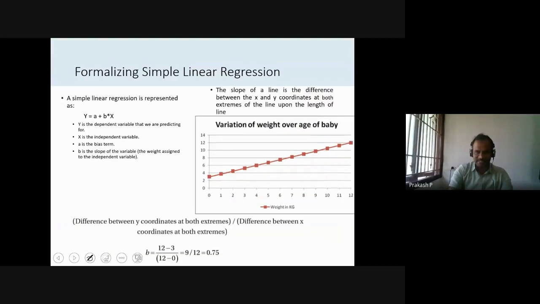Now you see how to find a slope. The difference between 12 and 3. Similarly, 12 minus 0. The difference between the y coordinates of both extremes, the difference between RLs, you can take this difference. We can call this the slope. There are a number of ways. I will slowly move into least square regression.